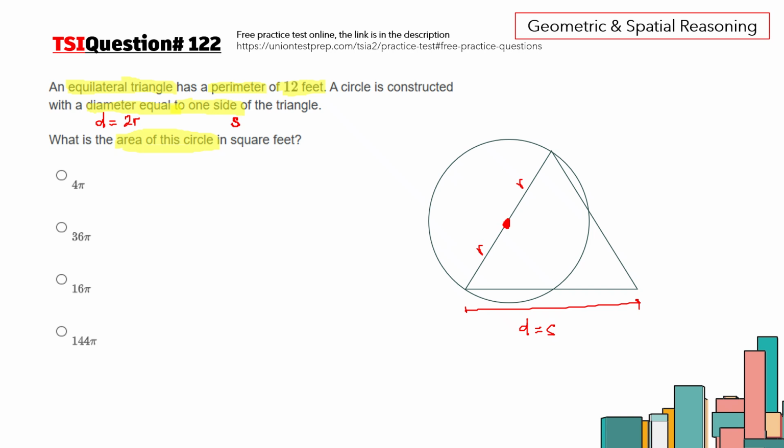Got that? So the diameter D is 2R, equal to S, where S is one side of the triangle.